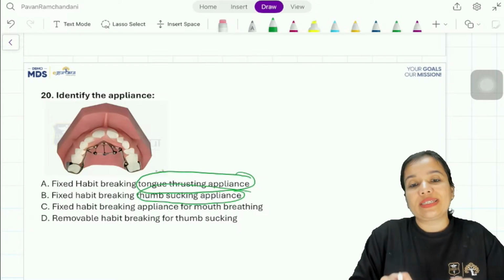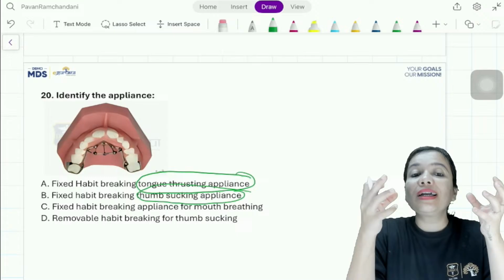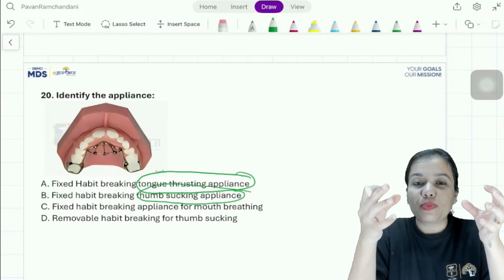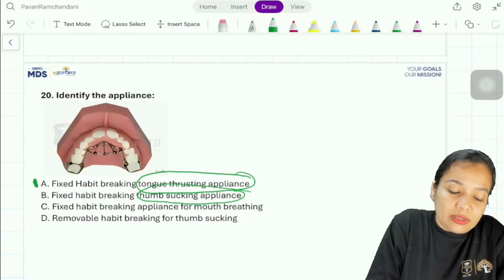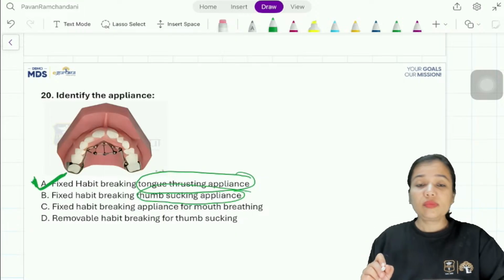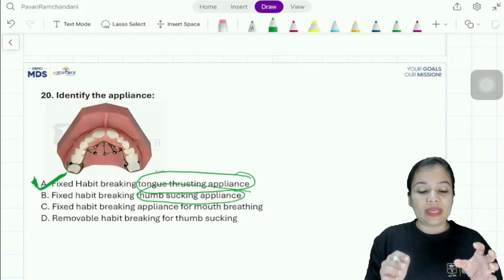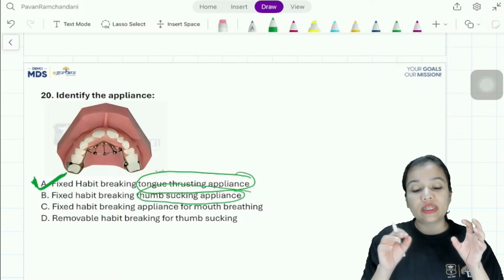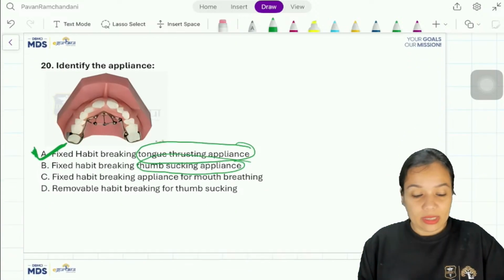So whenever you get such a question, whenever you have a tongue crib or a tongue rake that is present, you always first go for tongue thrusting as the answer. So this is a tongue crib over here, and it is a fixed habit breaking appliance for tongue thrusting. The answer is tongue thrusting.